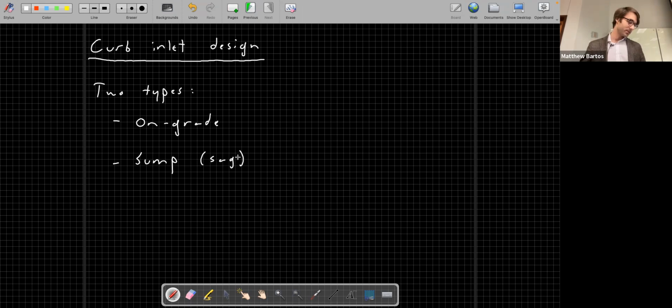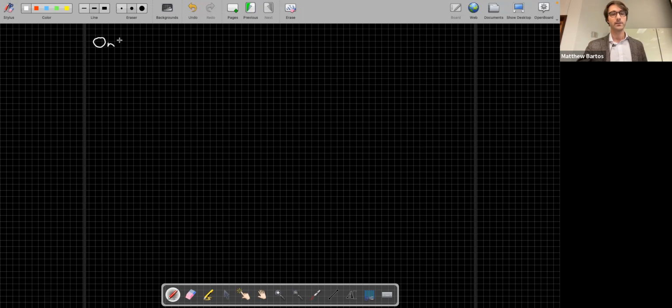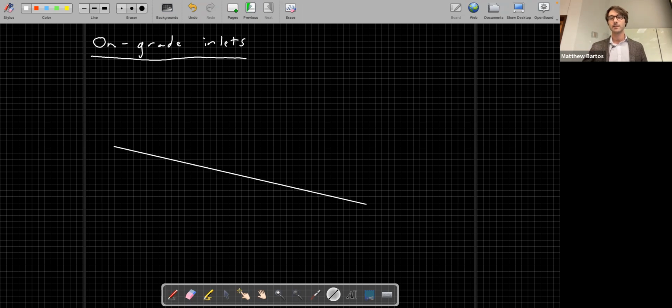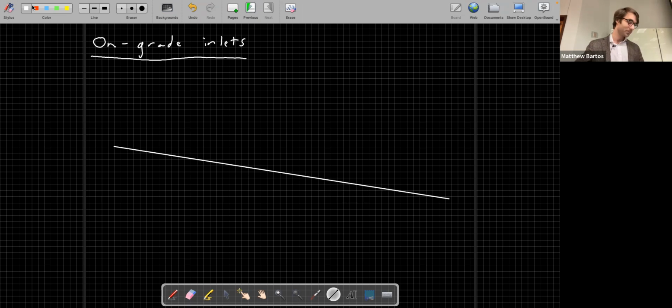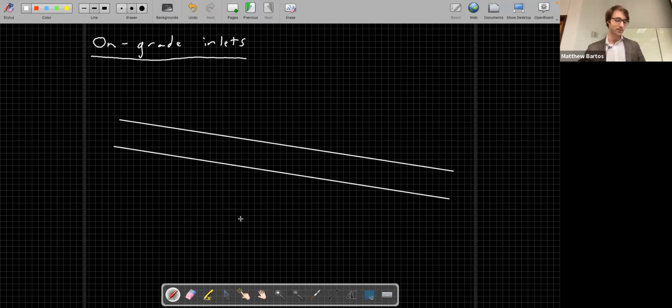Let me draw a picture for you to show you what I mean. So first, let's talk about on-grade inlets. Okay, and an on-grade inlet is essentially just what it sounds like. It's an inlet that is just placed along a grade or a hill slope. Okay, so let's say here's the ground surface here. This might be the top of the curb. And you have the curb opening inlet coming up like this.